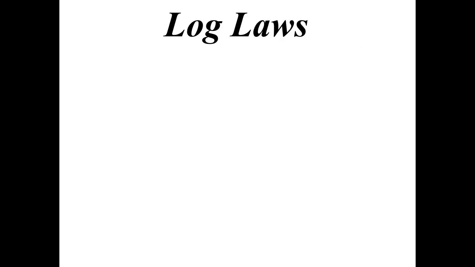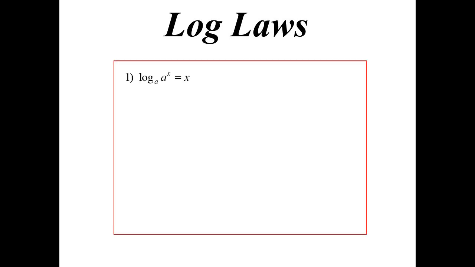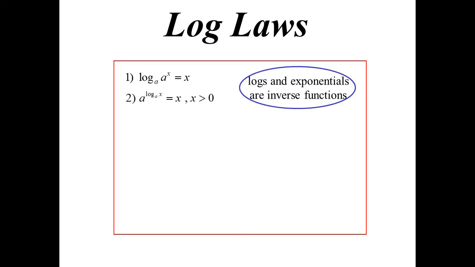We have some rules or laws that allow us to manipulate the logs to make the math easier. If you have log a to the power of x base a, the answer is going to be x. If you have a to the power of log x base a, the answer is also going to be x. Both of these are basically saying inverses cancel each other out.